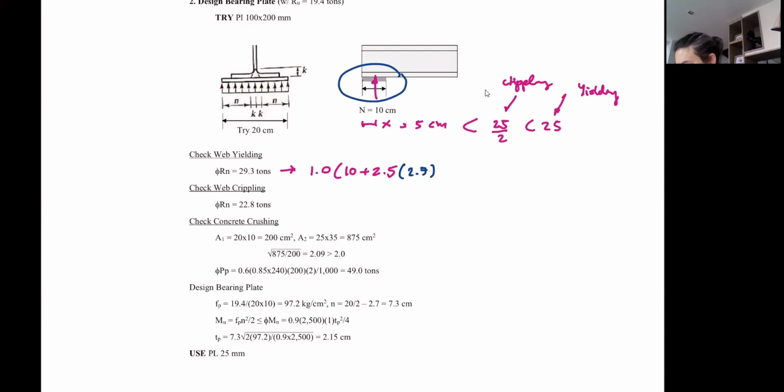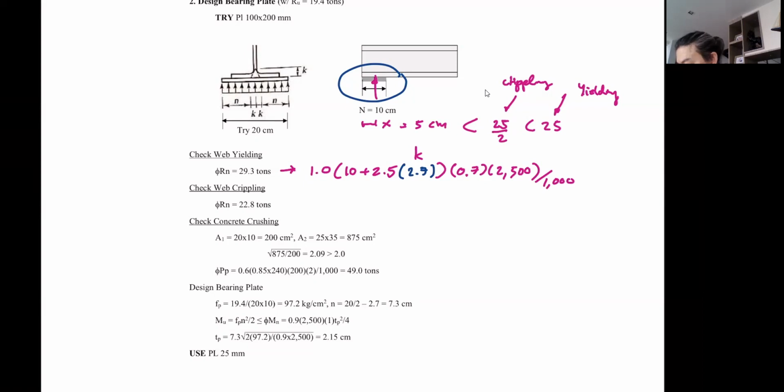That is your K, and then the thickness of the web, which I got a moment ago, is 0.7. Multiply by 2500. If you divide it by 1,000, you get the number in tons. So that's exactly how it comes about.